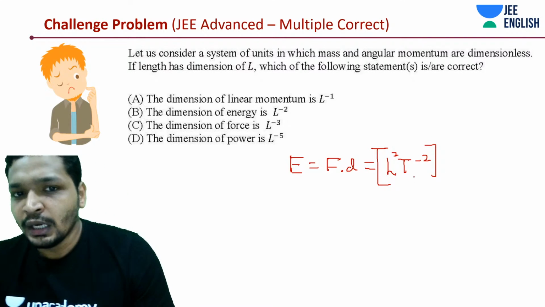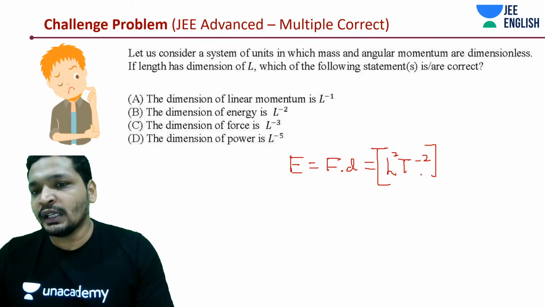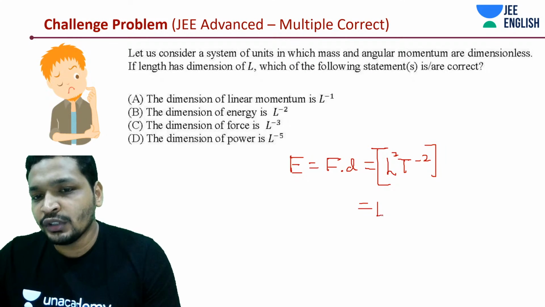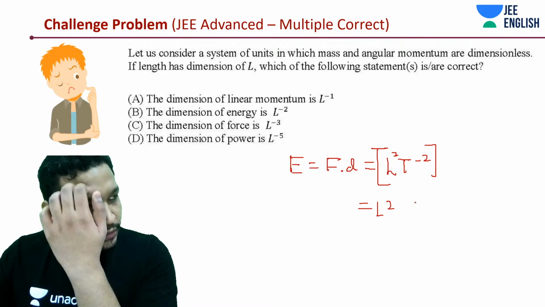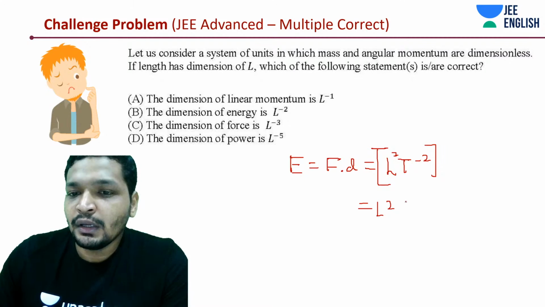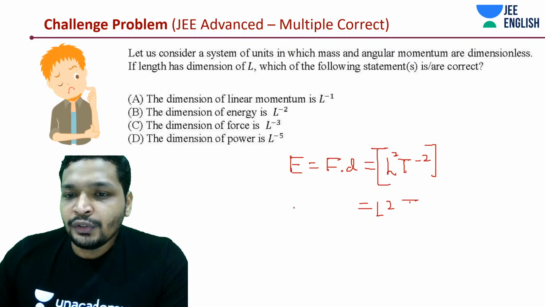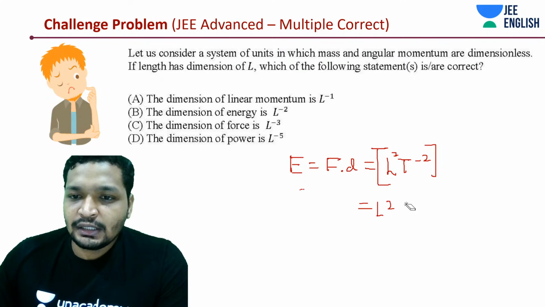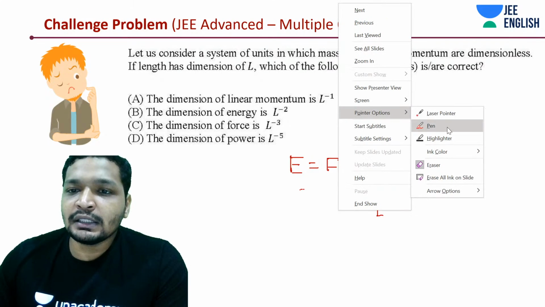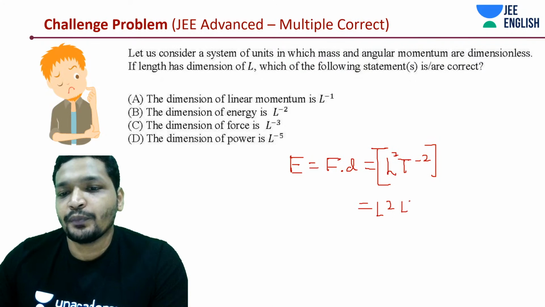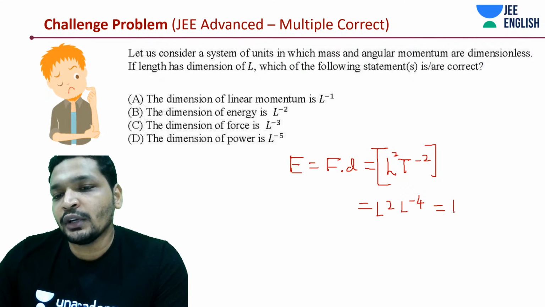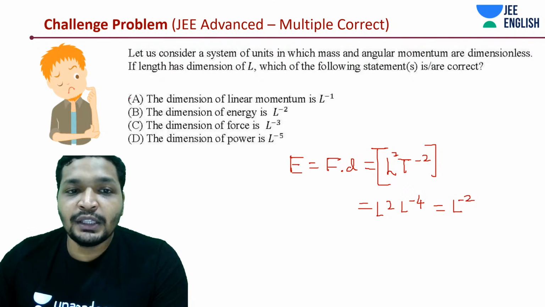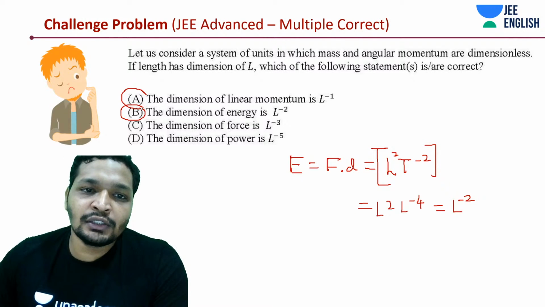T to the power minus 2, T is L square. If I'm going to substitute T is equal to L square, in this case you are going to have L to the power minus 4. That is going to give you L to the power minus 2. B is also correct. So far A is also correct.